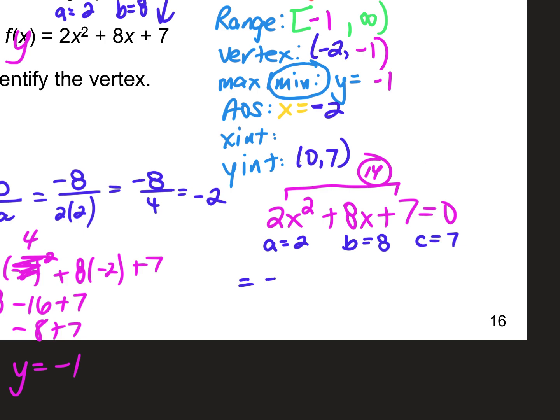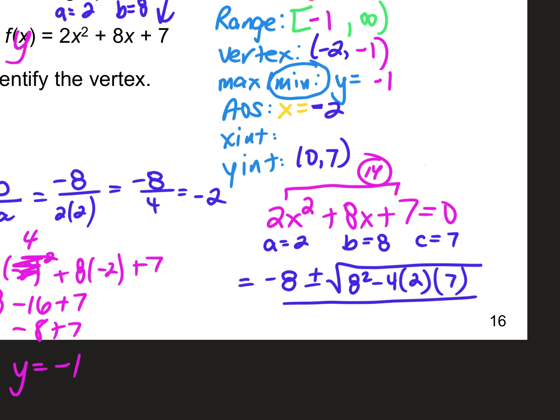But I'm going to say negative 8 plus or minus the square root of b squared, so 8 squared minus 4 times 2 times 7, all over 2 times 2. Did I fill that in correctly? Okay, so let's simplify.